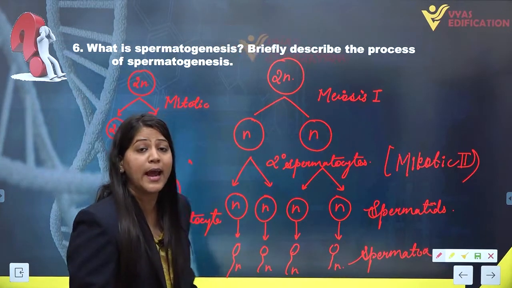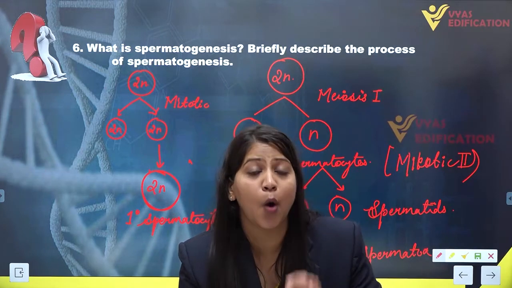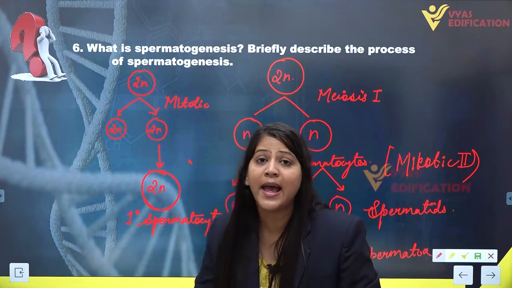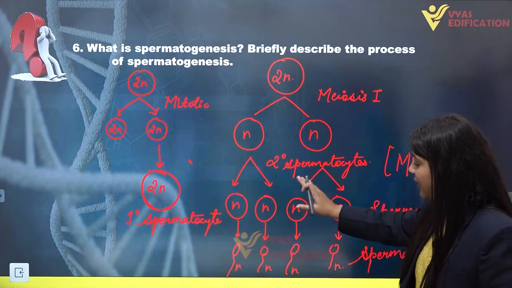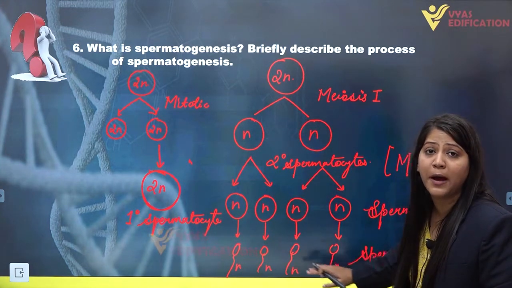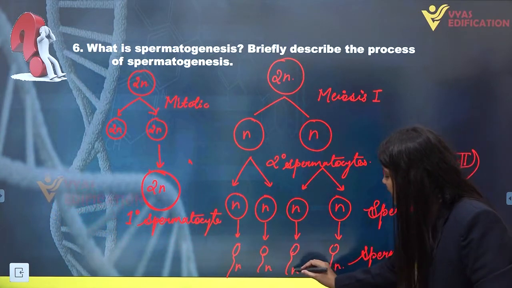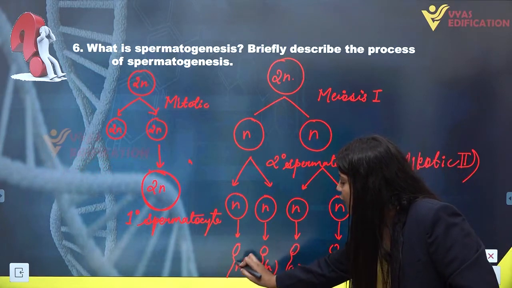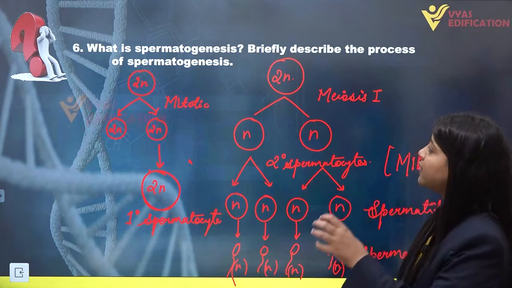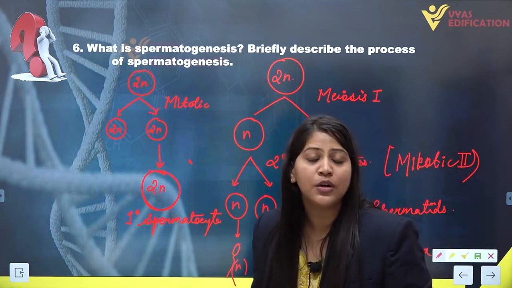Hence proved that all gametes, either male or female, are always haploid. As we can see, the process of spermatogenesis finally results in the formation of spermatozoa or sperm cells that are haploid. These are haploid gametes. So we have completed the process of spermatogenesis and what spermatogenesis actually is.